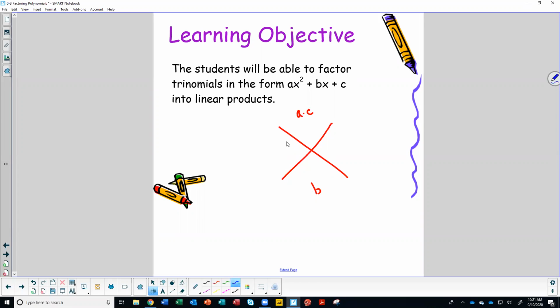You're looking for 2 numbers, M and N, that multiply to give you the product of a and c, but that add to b. So they add here, they multiply up here. So let's get looking at some of these problems.